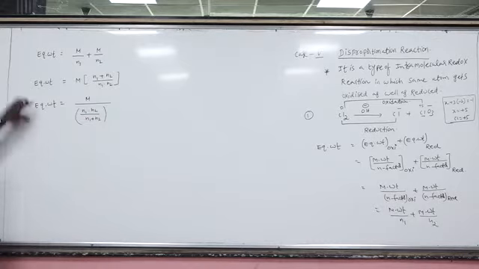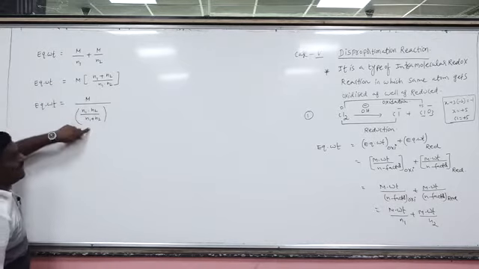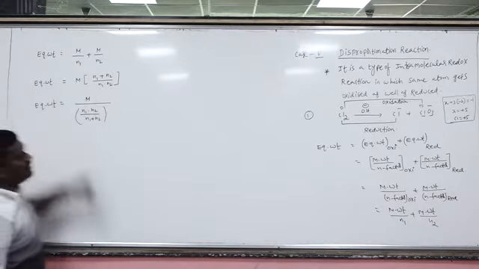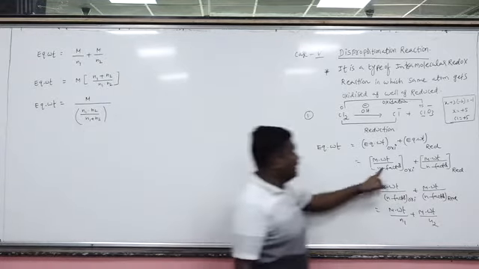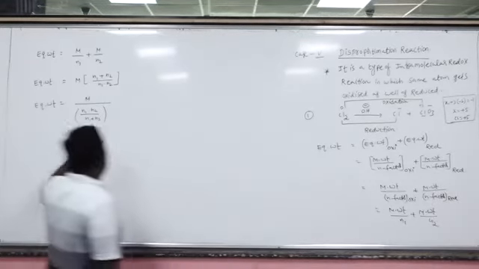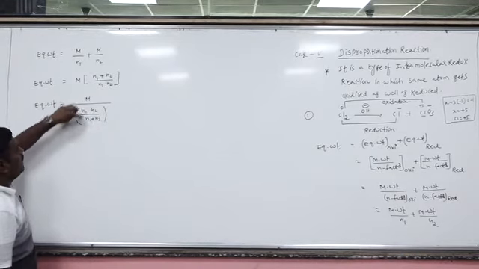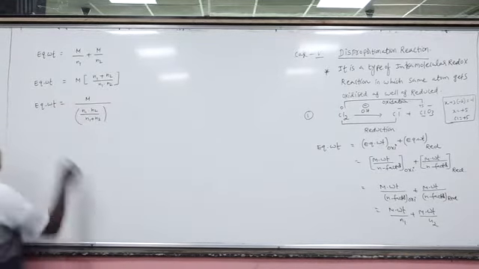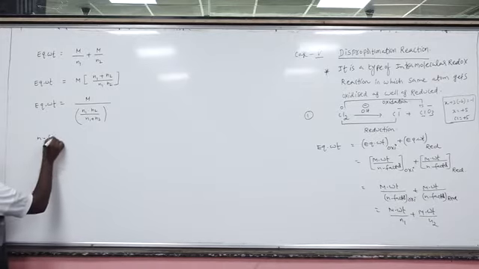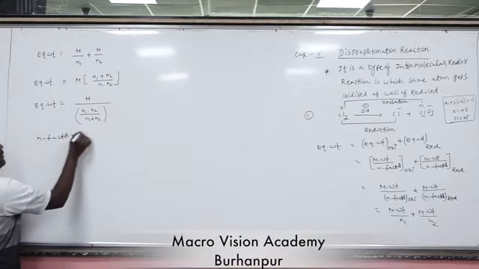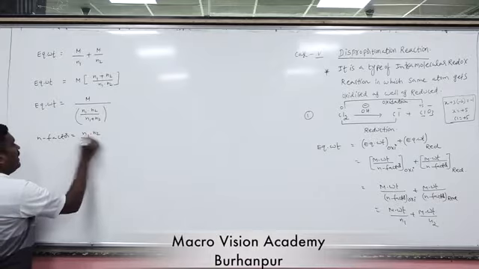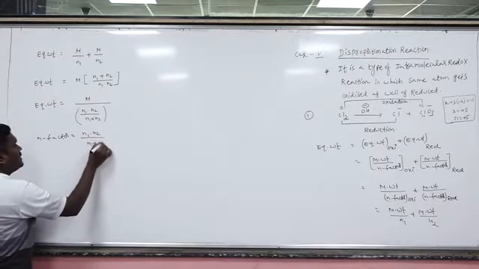So we know equivalent weight is equal to molecular weight by N factor. Equivalent weight is equal to what? Molecular weight by N factor. Are you getting my point? Now the N factor in the disproportionation reaction is equal to N1 into N2 by N1 plus N2. So directly I am writing N factor is equal to N1 into N2 by N1 plus N2.